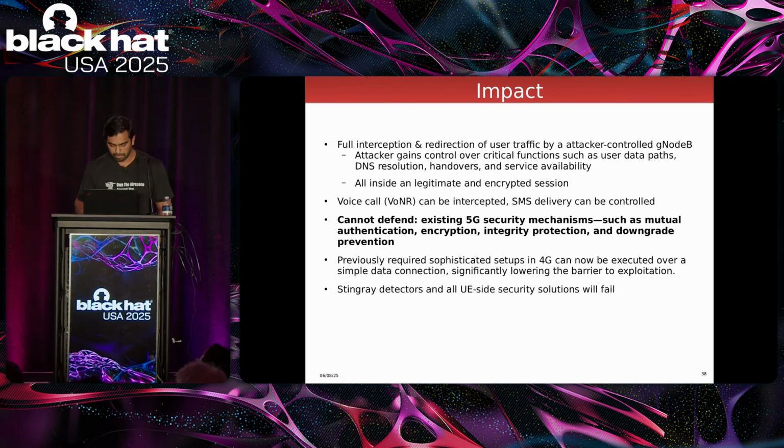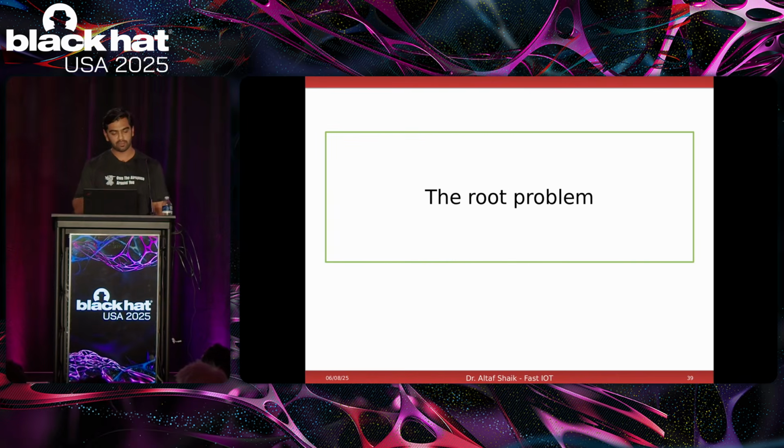And Stingray detectors, or any other UE-side security solutions, cannot detect this either, because for the UE it looks like it's establishing a legitimate connection with the perfect keys and everything.